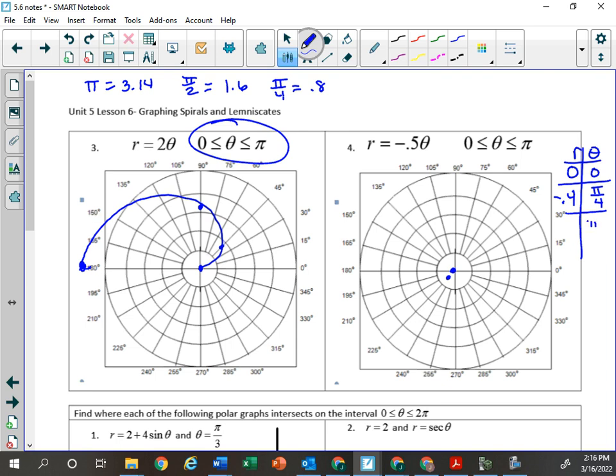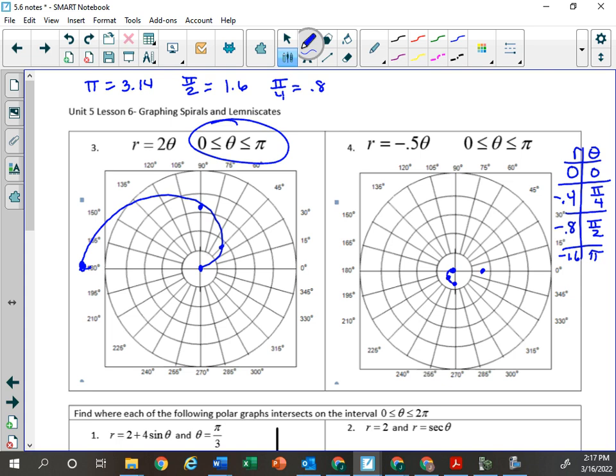Then I'll do pi over 2. What am I going to get for r at pi over 2? It'd be negative 0.8, so down there, almost to 1. I'm going to go right to pi next. What will I get for pi? Negative 1.6. So you go left 1.6 and then around pi, so that takes you over there.